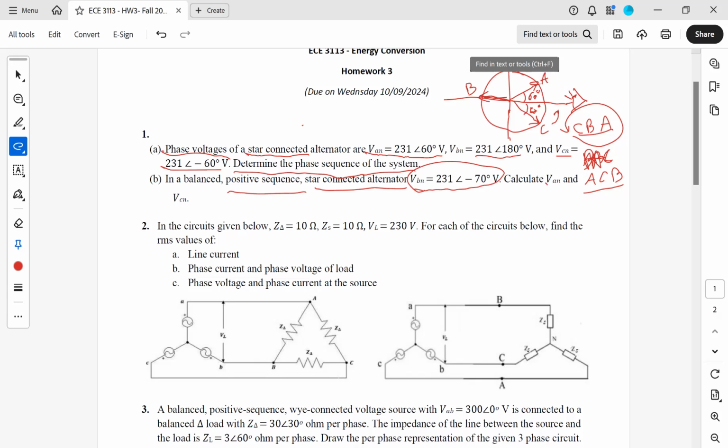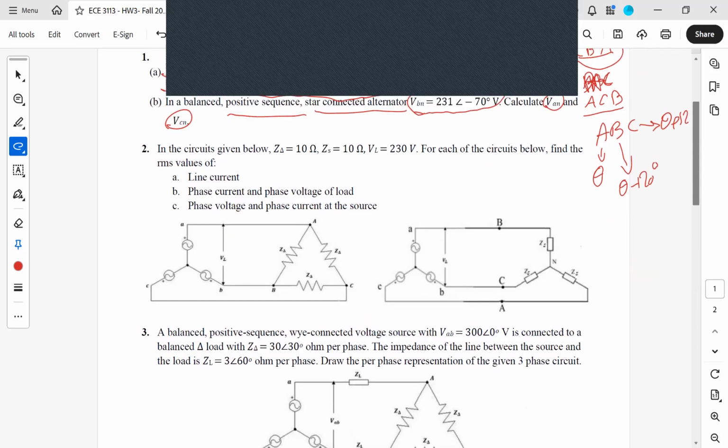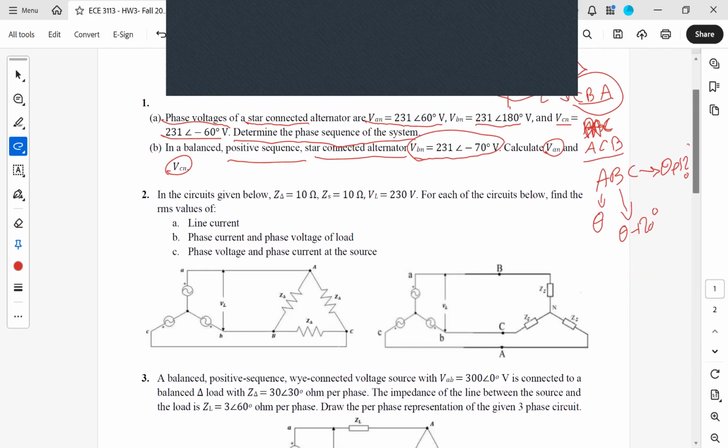It asks us to determine phases A and C. We know it's positive sequence, so it's A, B, C, meaning whatever phase angle A has, the phase angle of B is going to be theta minus 120 degrees, and C is going to be theta plus 120 degrees.